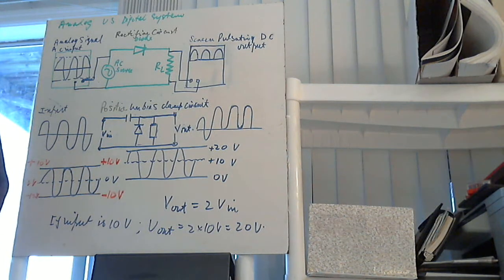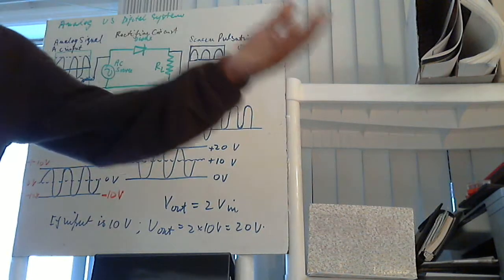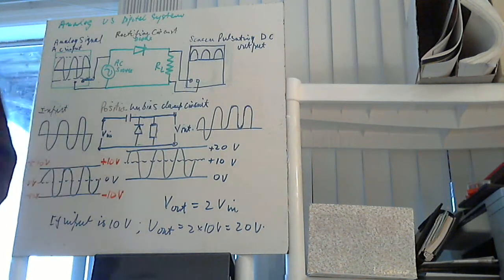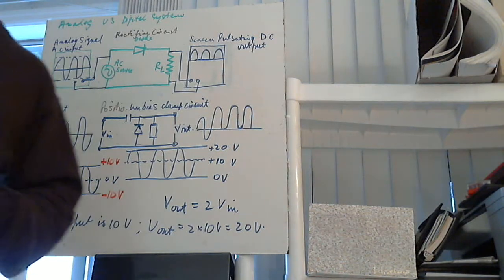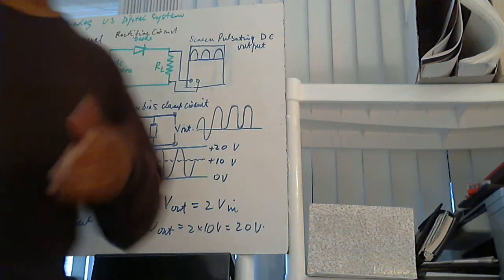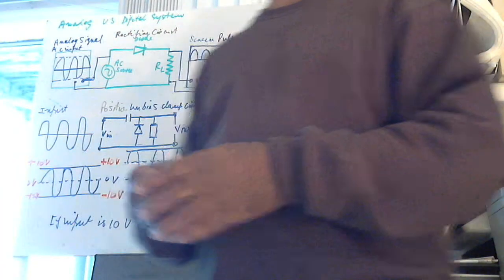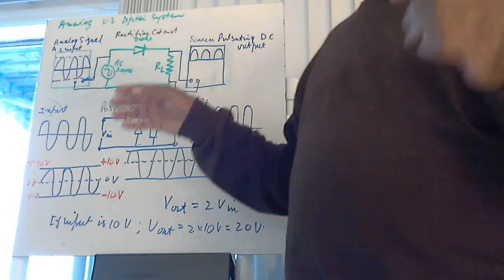Now, before we go further, we need to bring in digital system. We also need to give a definition for the digital system. We can say the digital signals are discrete values or discontinuous.